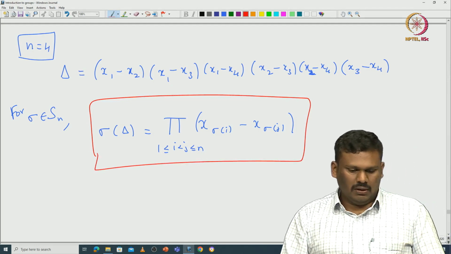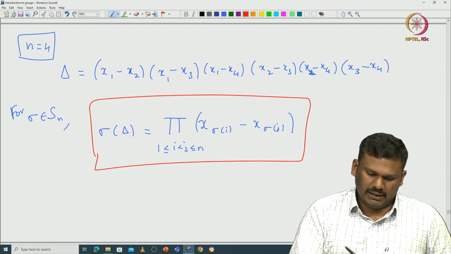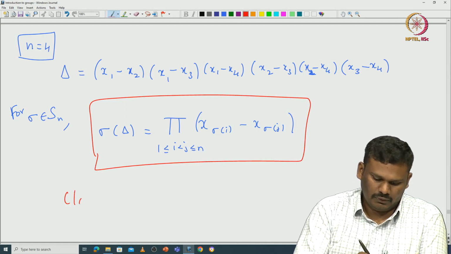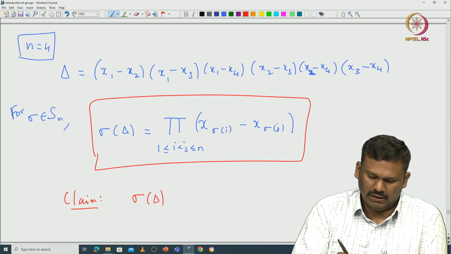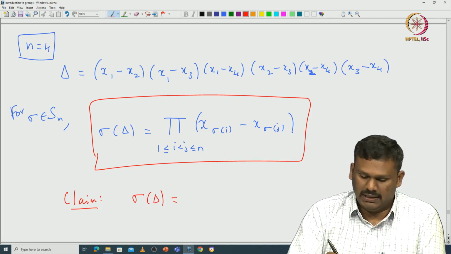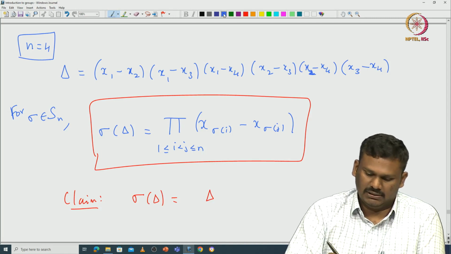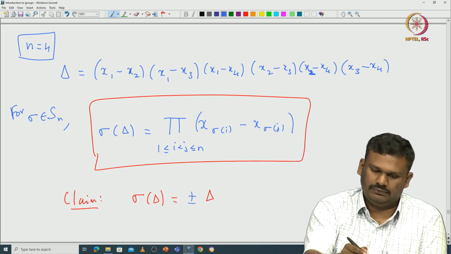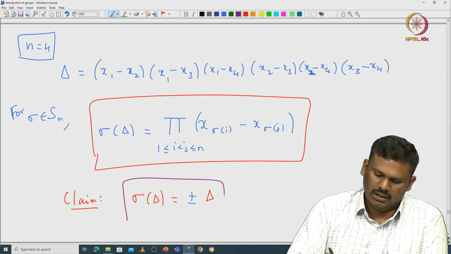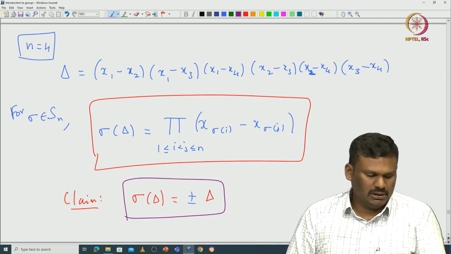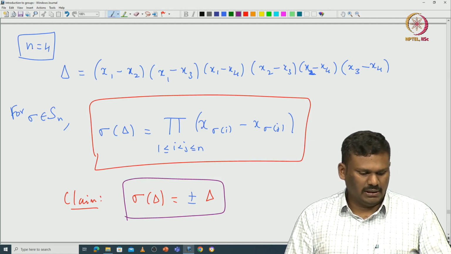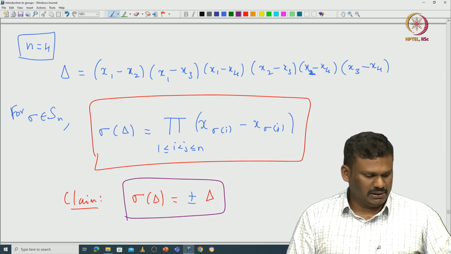Now what one can prove, here is the claim: when you take this sigma of delta, then it differs from delta by a sign, plus or minus 1. So sigma of delta is exactly equal to plus or minus delta. Let us do one example and then you can convince yourself that this is the case.